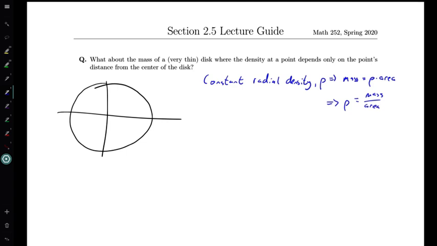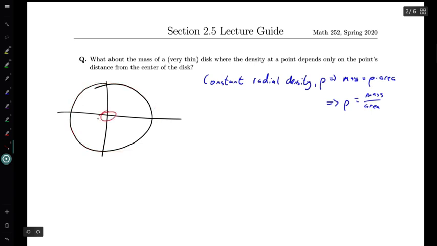But again, we maybe want to generalize this to talk about shapes that don't have constant radial density. Maybe they have varying radial density. In other words, what that means is that maybe you are very dense towards the center of this disk, and maybe you're not very dense out towards the edge.